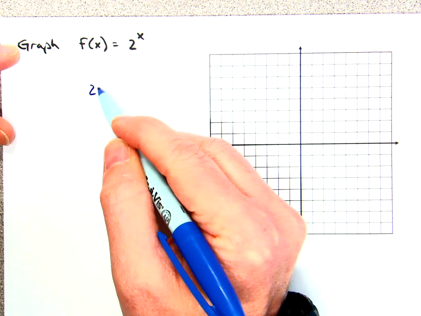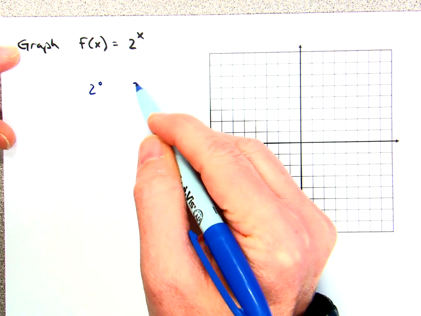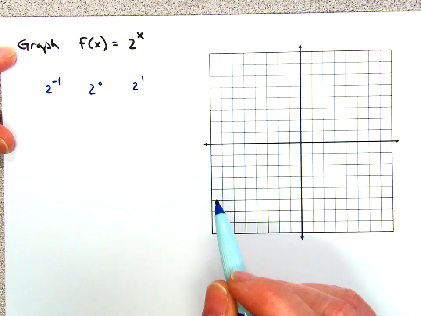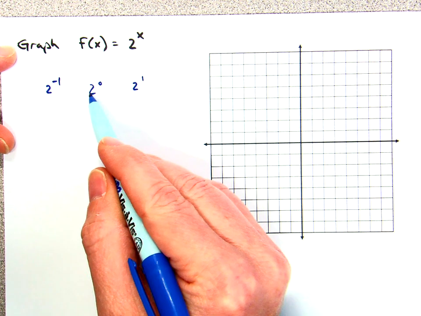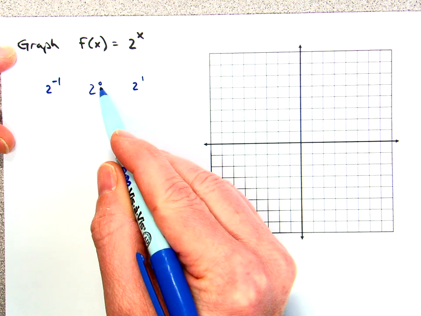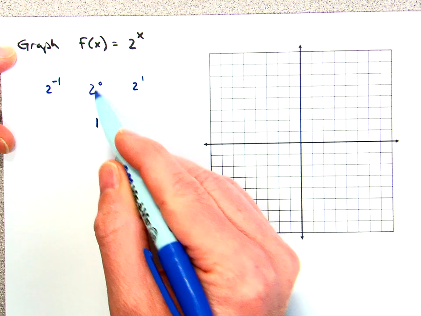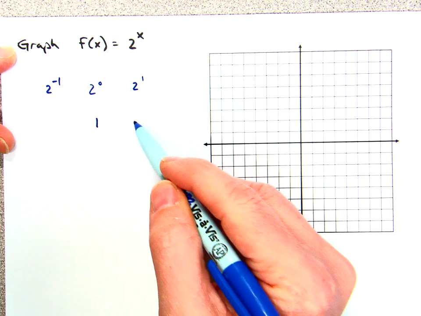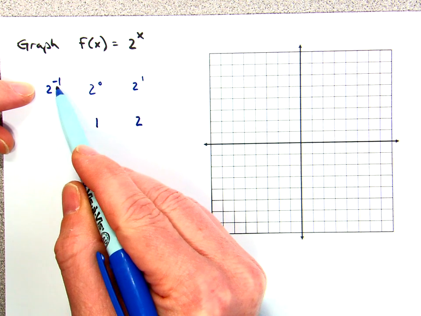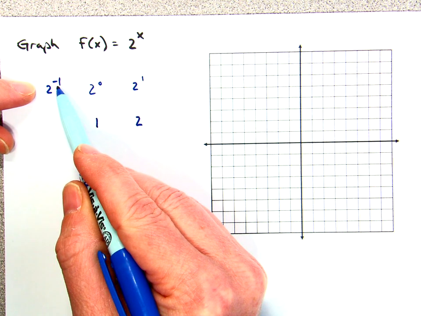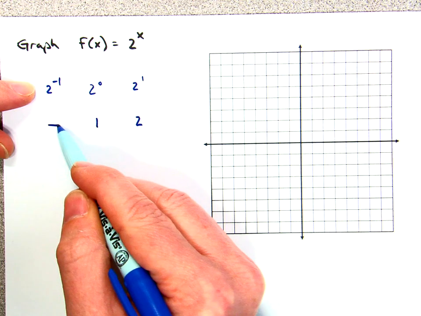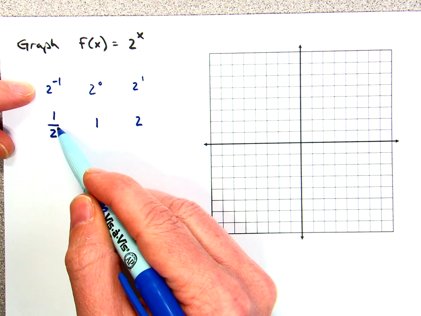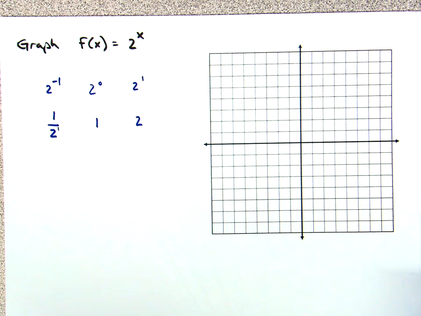So if I put in a value of 0, or a value of 1, or a value of -1, then we can say, well, anything to the 0 power is 1, right, besides a base of 0, which we can't do. 2 to the first power is 2, and 2 to the negative first power, right, we can move this base to the bottom, exponent properties, and it would be 2 to the first on the bottom, which is just a half.